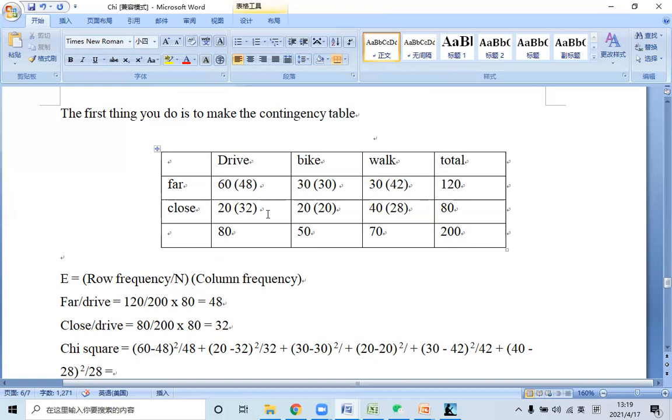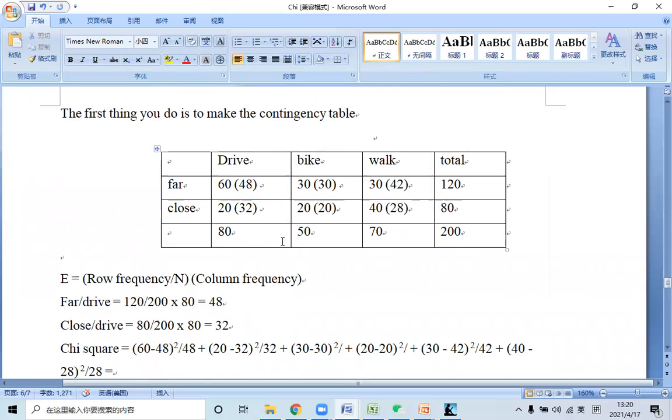Your expected value would be, out of the 80 people who drive, how many of them would be coming from those who live close by? That would be the proportion, the same as the proportion of people who live close by. So you have 80 out of 200 who live close by. This would be what you would expect if the two variables do not depend upon each other.